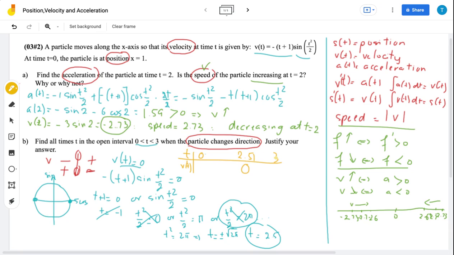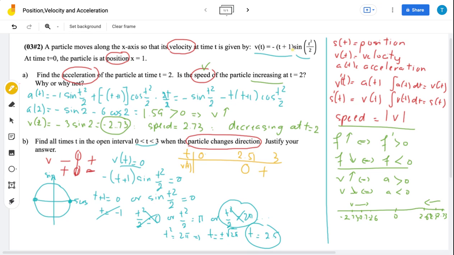Then we pick a number on each side and substitute it into the velocity to see what happens. First, substitute 3: we have negative 4 sine of 9 over 2, which is a positive 3.9, so this is positive.